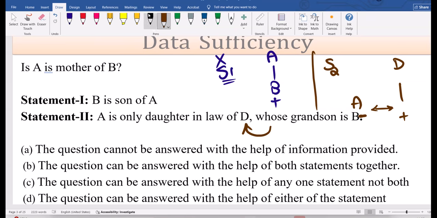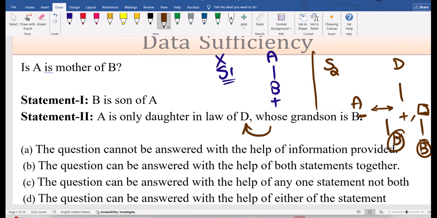But D's grandson is B, and that B may be son of A and another person as a couple, or D is having some other child, maybe. So there may be a chance D may have two children. There is one more slot maybe. One chance B may be here. One chance B may be here. D may be having two children because it's not mentioned.